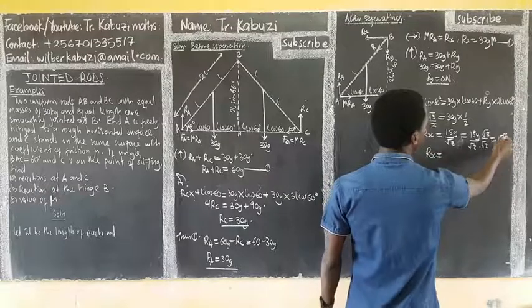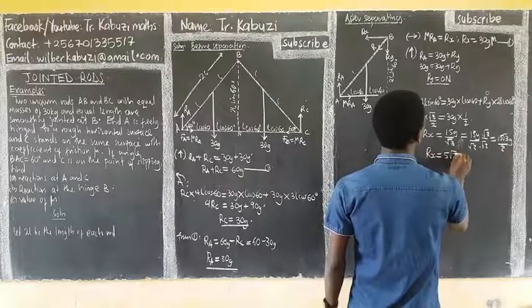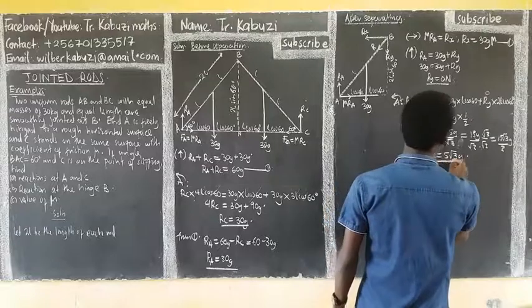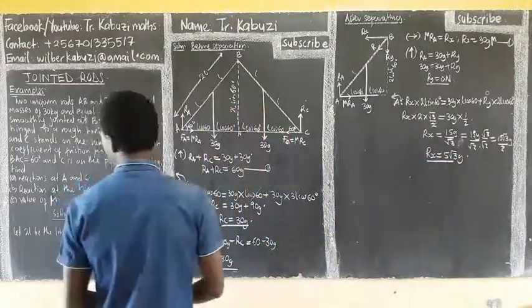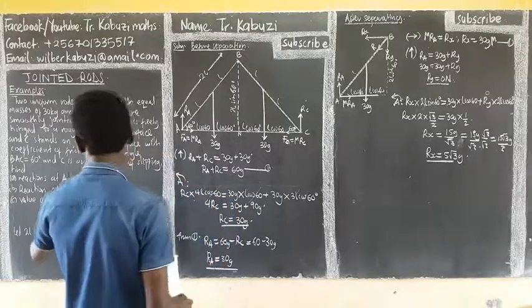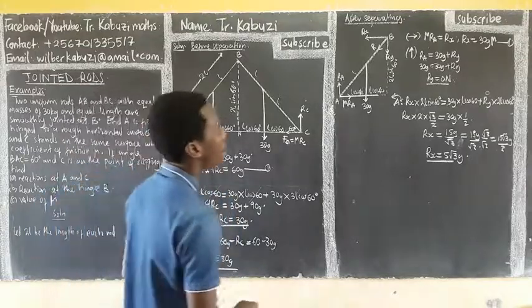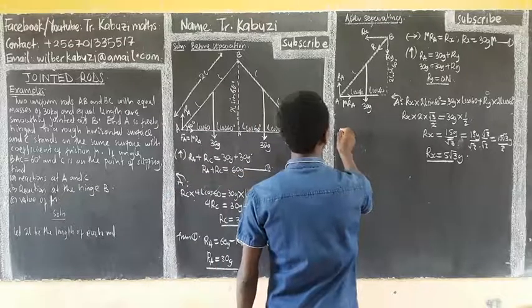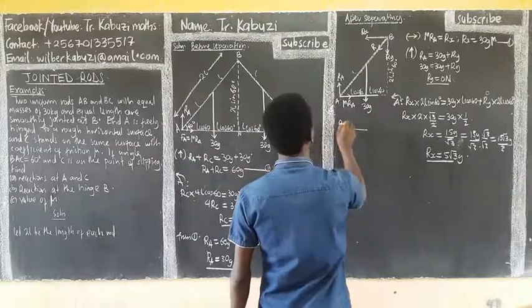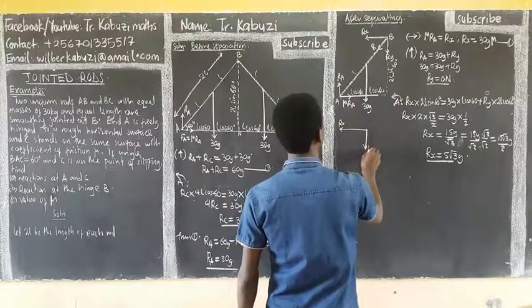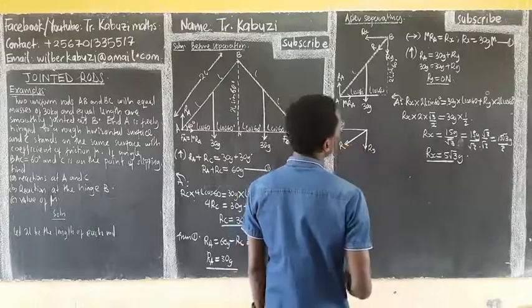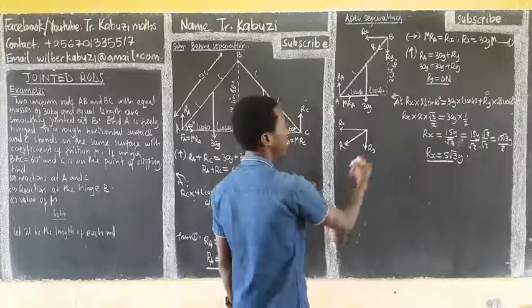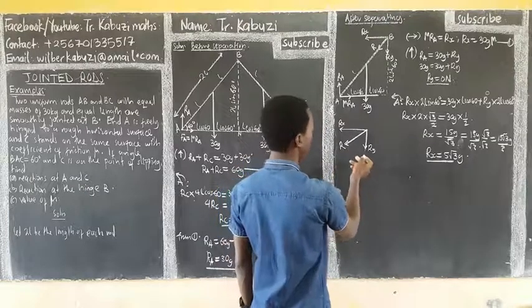After getting that, they are telling us to find the reaction at the hinge. Now our reaction, as you can see, is given by Rx, then the resultant with Ry in this direction. That's our R. So we get the square root value. My R is going to be the square root of the horizontal component squared plus the vertical component squared.